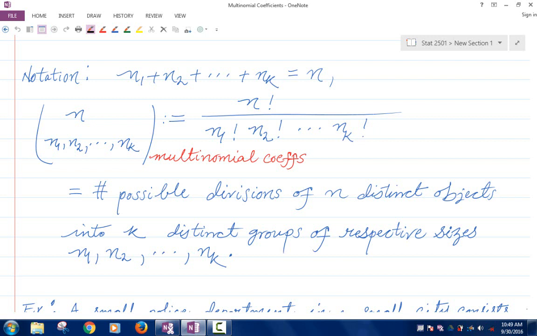Now, anybody in the class remember seeing that expression before? Have you seen that fraction n factorial over n1 factorial times n2 factorial times dot dot dot times nk factorial before? Who has seen this before? Well, every one of you has seen it before, but who can remember where?